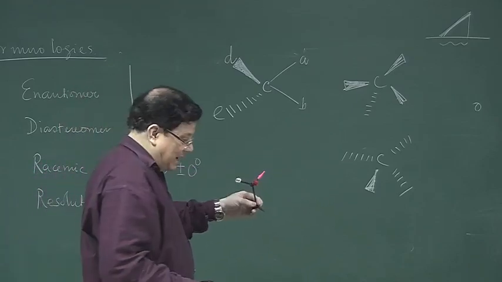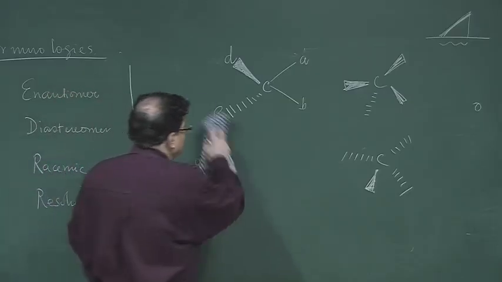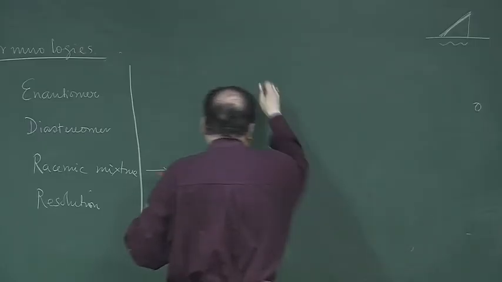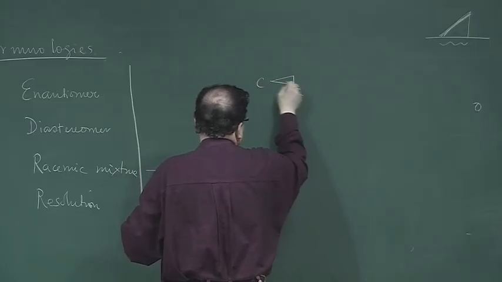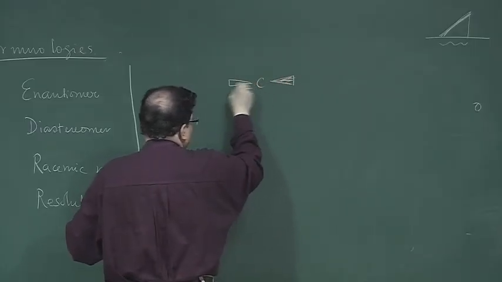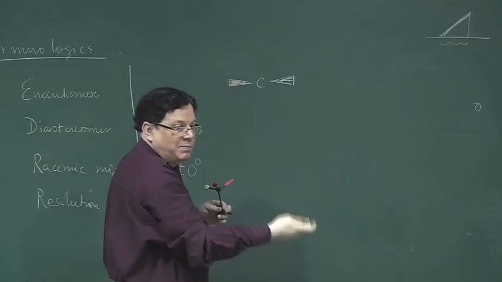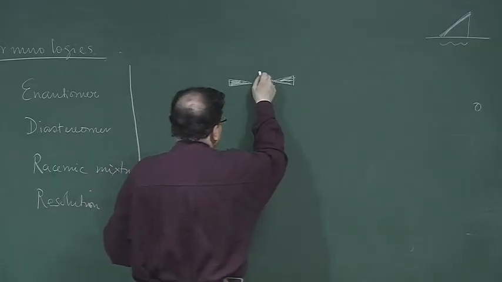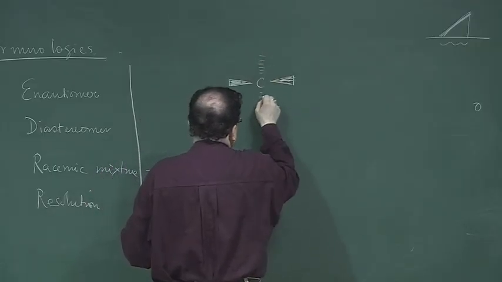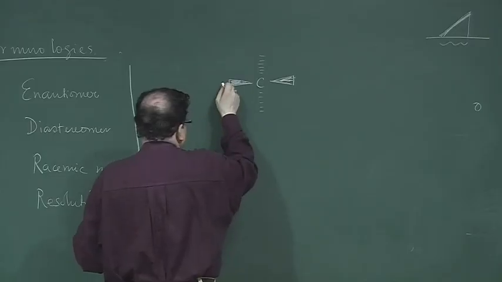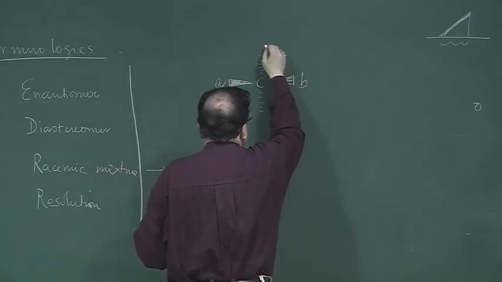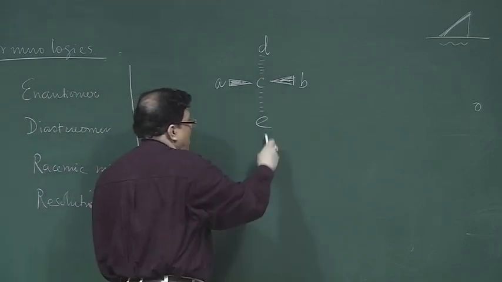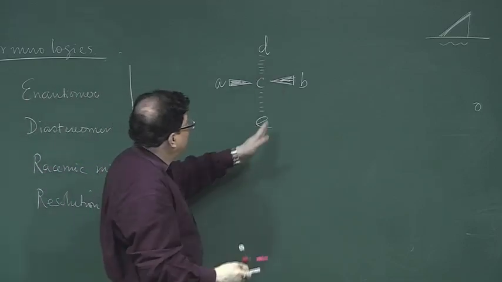So, basically what I am saying is that you hold the molecule in such a way that, in the Wedge formula, it should look like this. These 2 bonds are towards the observer because they are above the plane of this board, and the other 2 bonds will be away from the observer, but they are in the vertical line.